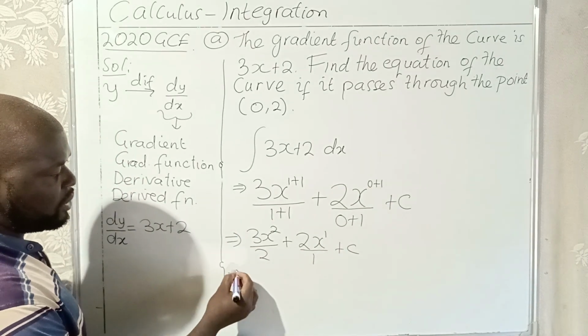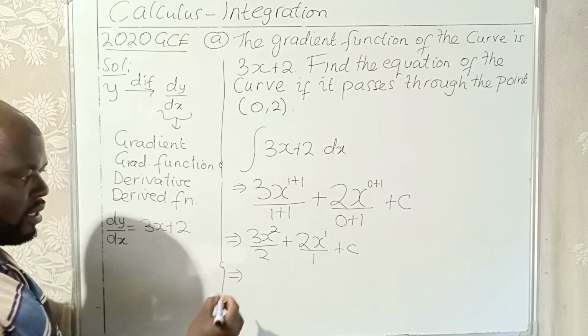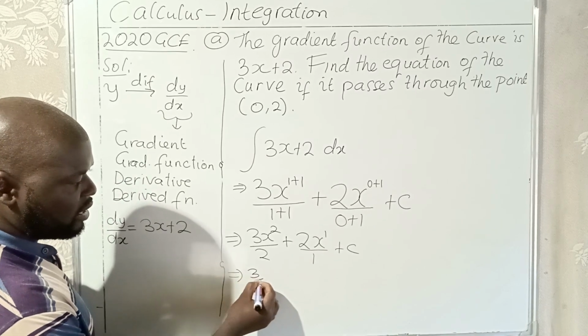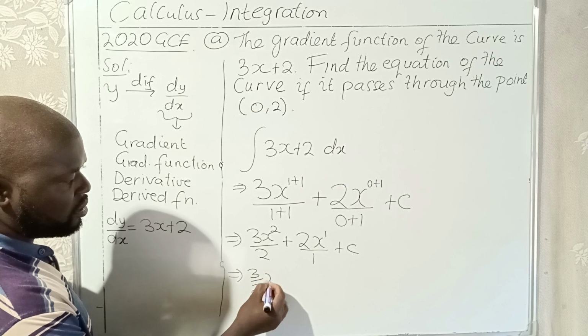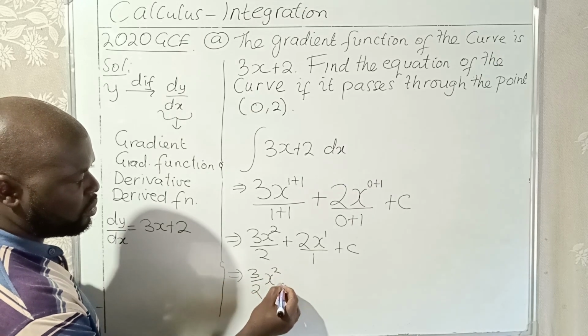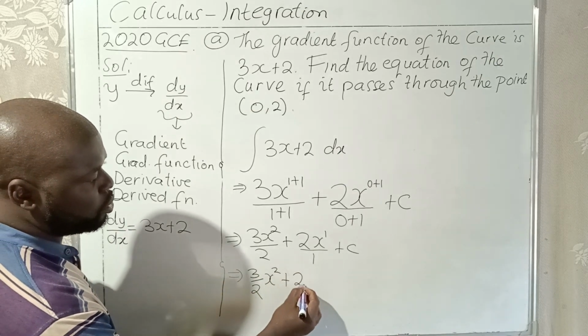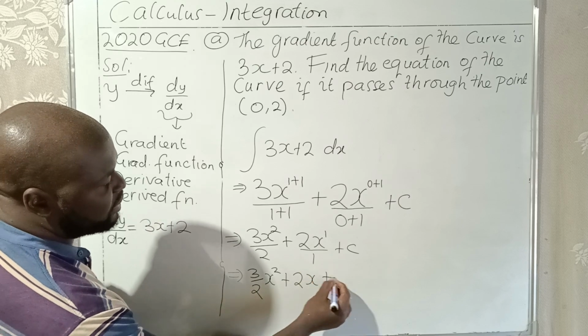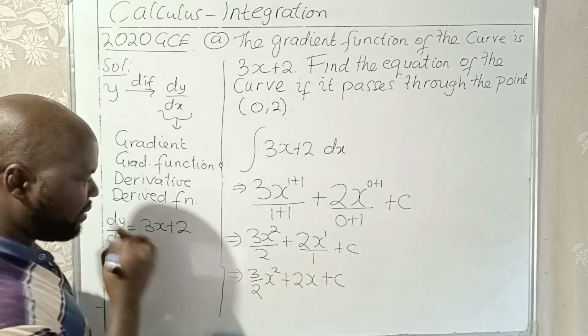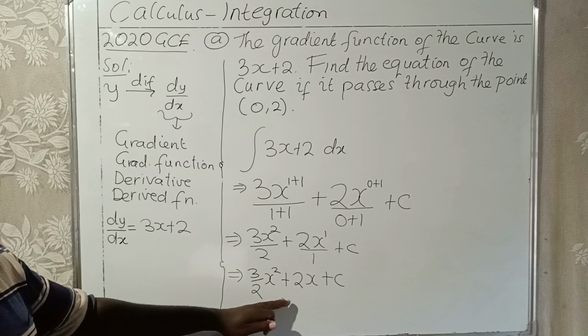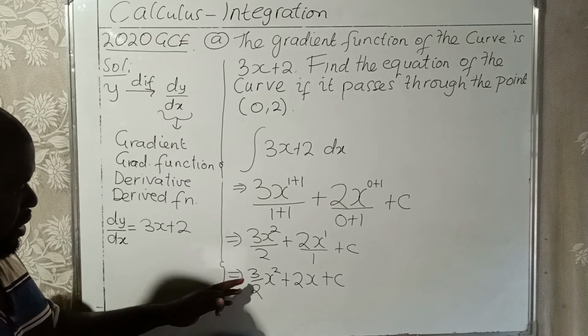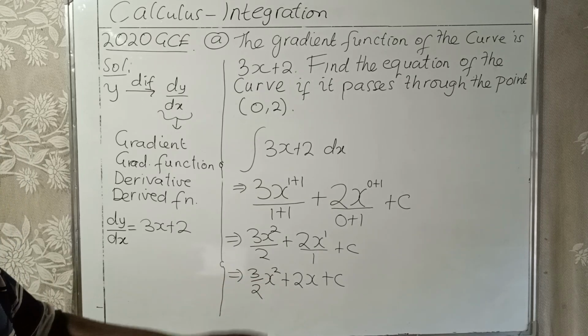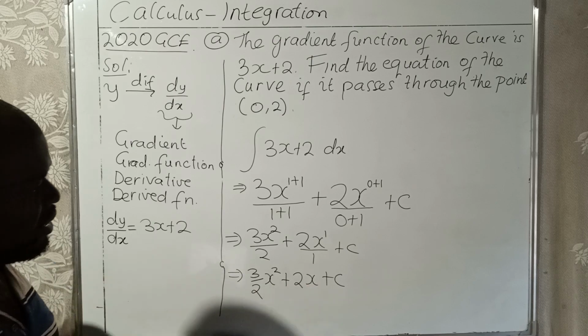We continue: 3 over 2 x squared plus 2x plus c.